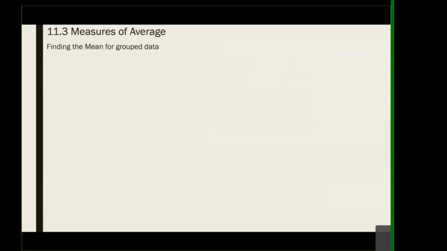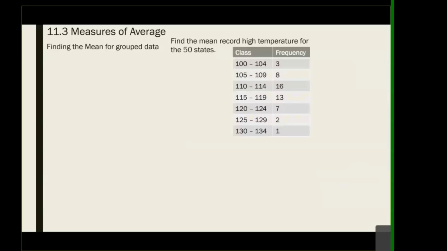So here comes the hardest part of 11.3: what happens if we want to find the mean of grouped data? Meaning, what happens if your data is in groups? Say this is the record of the highest temperature among the 50 states. We have 50 states, meaning we have 50 data, and we don't have the list of the data individually.